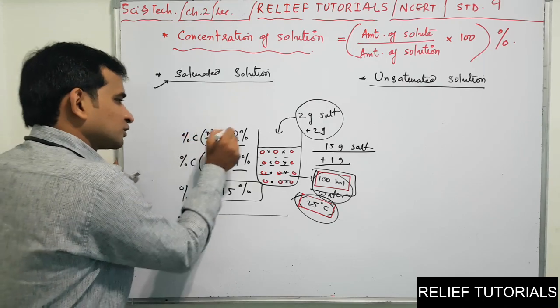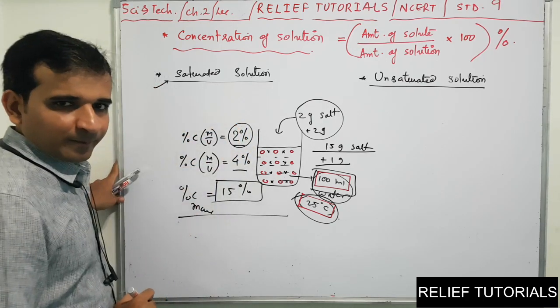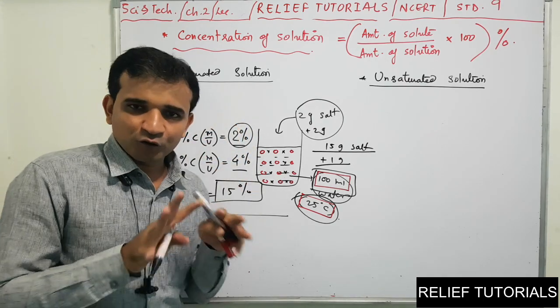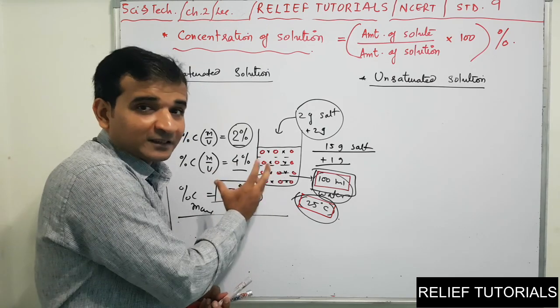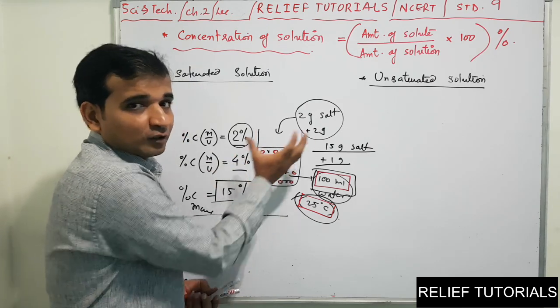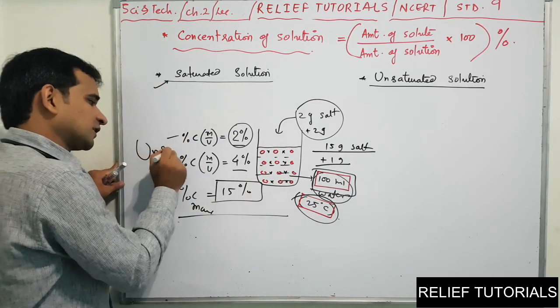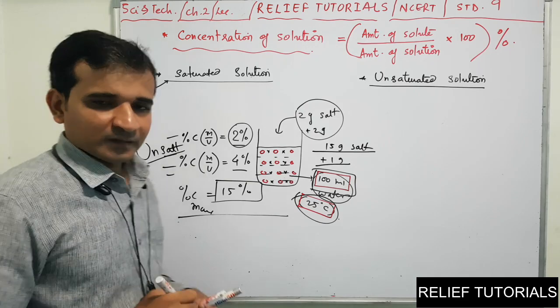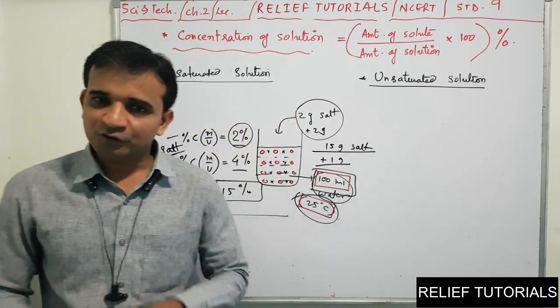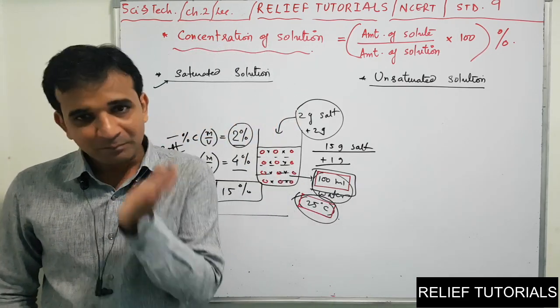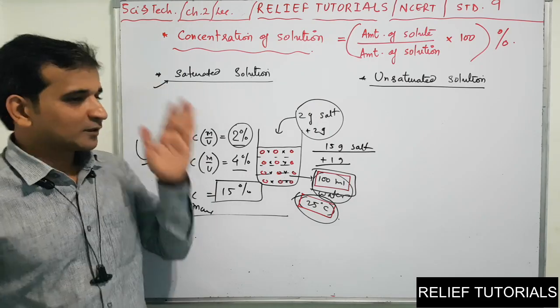Okay, when the concentration was 2%, the solution was still having some space to dissolve more solute. All such cases are called unsaturated solution. Unsaturated solution means the solution in which more solute can be dissolved. And saturated means what?